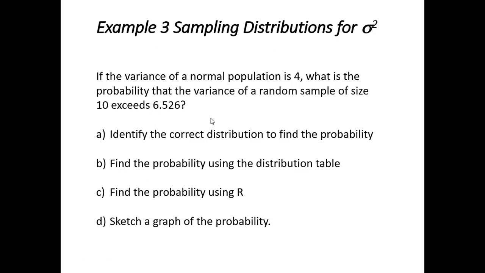So we're asked to identify the correct distribution. So find the probability, go ahead and find the probability using the correct table. Confirm the probability using R, and let's sketch a graph of the probability.